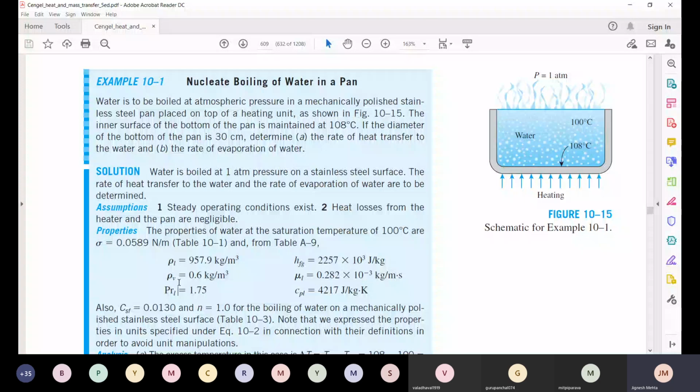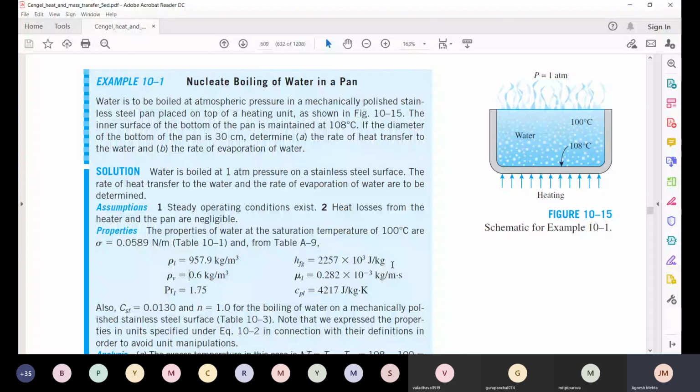If the specific volume is available in the steam table, you take the inverse of that, and that will give you the density, particularly in case of vapor. Then what is h_fg? That is the latent heat of vaporization at 100 degrees Celsius. So that's 2257 into 10 raised to 3 joule per kilogram.